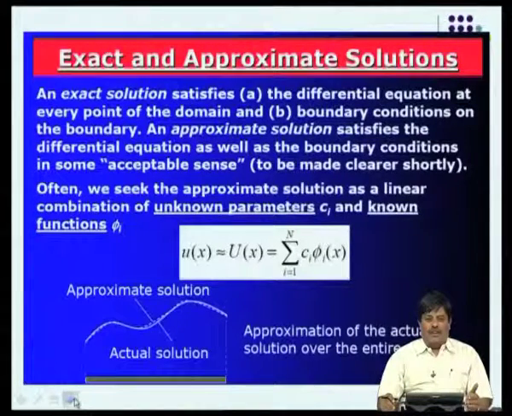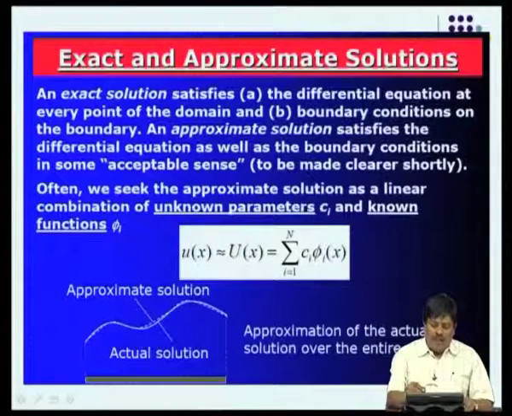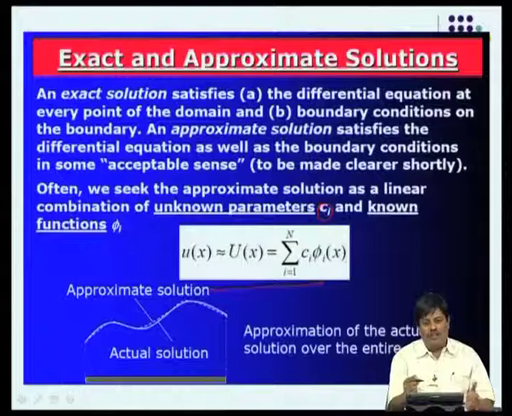So, the goal here is not the exact solution; we are trying to seek an approximate solution as a linear combination of certain functions coupled with certain unknown coefficients called Ci. So, we are looking for a solution which is the sum of Ci into phi of x, and this is the function we need to choose appropriately in such a way that it represents very nearly the exact solution, but it is not the exact solution.